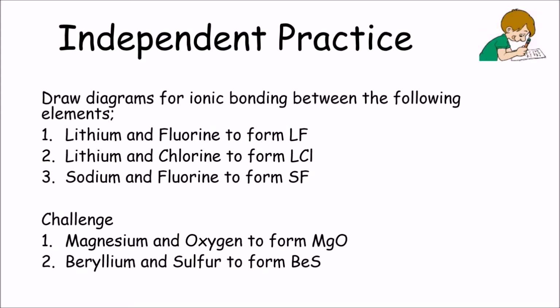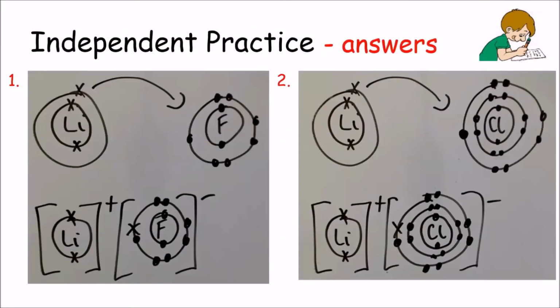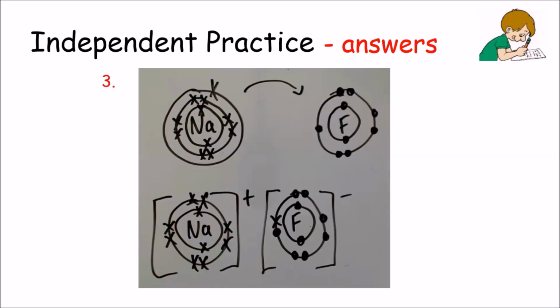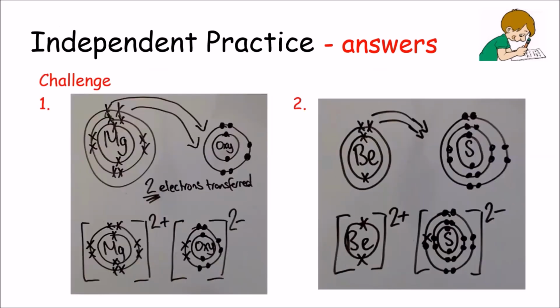And then once you've done those first 3, everyone needs to have a go at the challenge ones below. For our challenge ones, instead of 1 electron being transferred across, we've now got 2 electrons being transferred across, making those full outer shells.